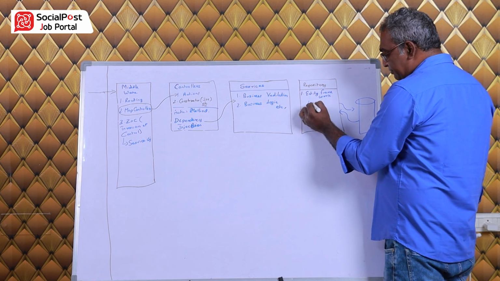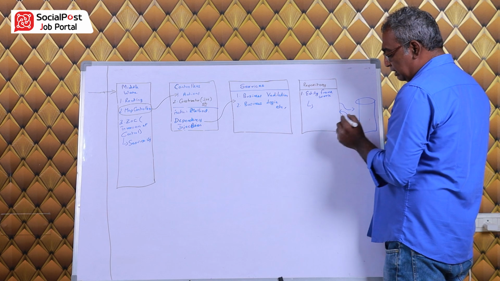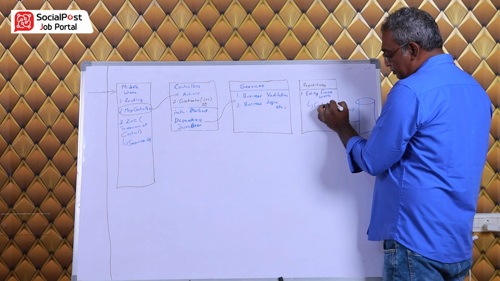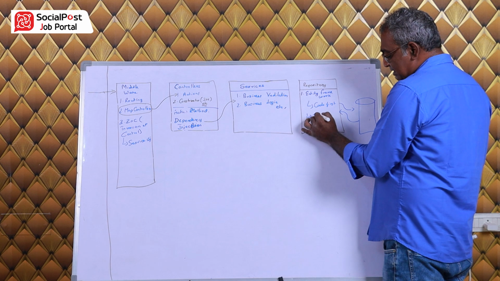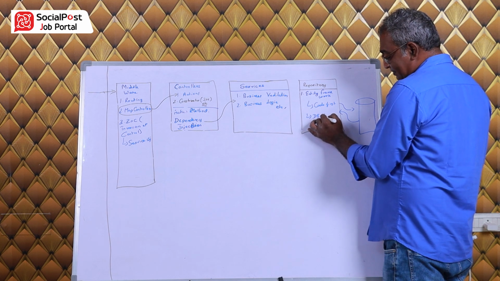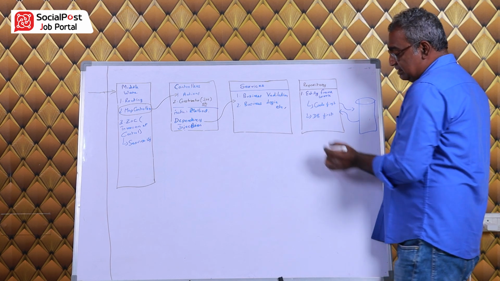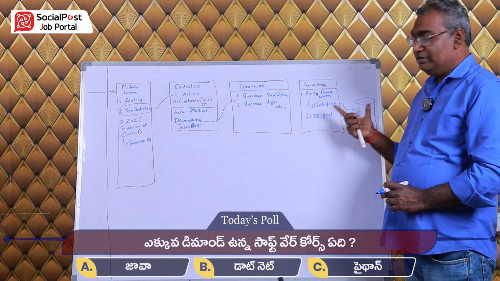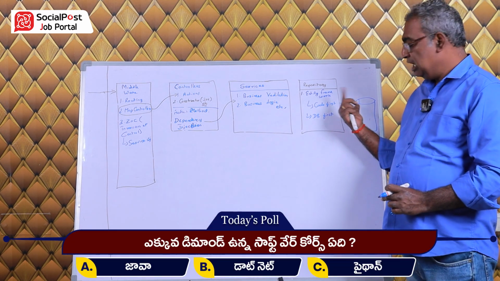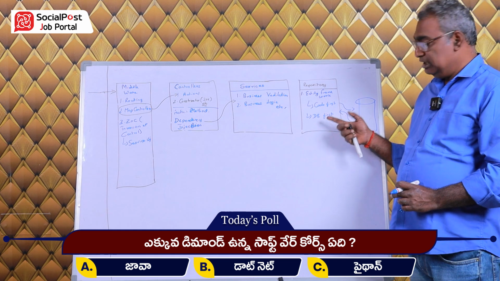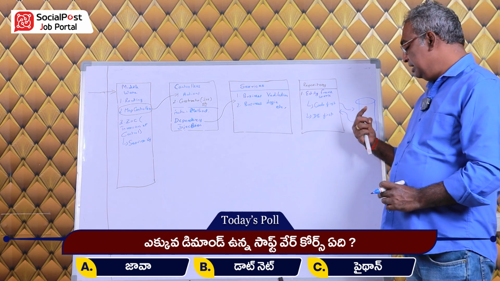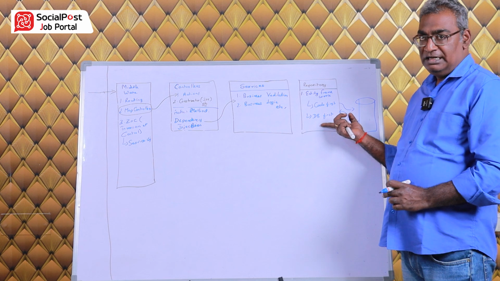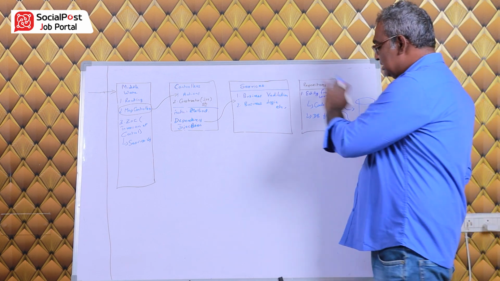Entity Framework is again classified into two types: one is the code first approach, another is the DB first approach. Code first approach means I am not going to create a table directly; with the help of my C# code, I am going to create a table. DB first approach means the table is already available, and based on the table, I am going to create the code. Did you get my point? So this is the flow.